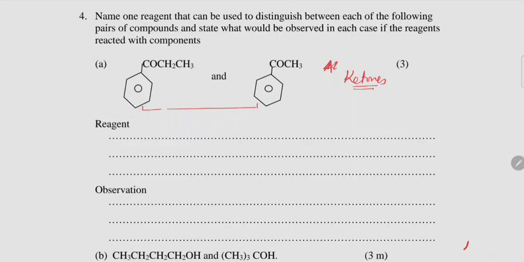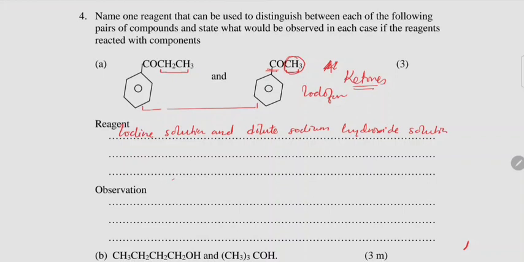Now let's go on to see another difference. I'm seeing CH2, CH3 here, but I'm seeing only CH3 here. That means there is a methyl group adjacent to the carbonyl group. Which test can we use? Iodine solution, iodoform, right? Iodine solution and dilute sodium hydroxide solution.